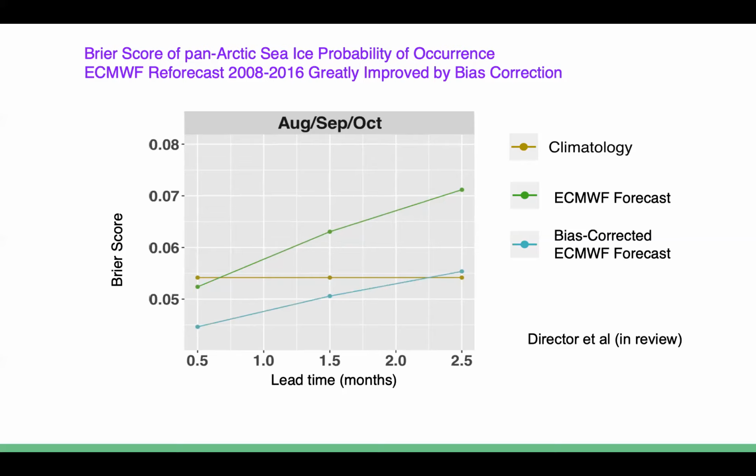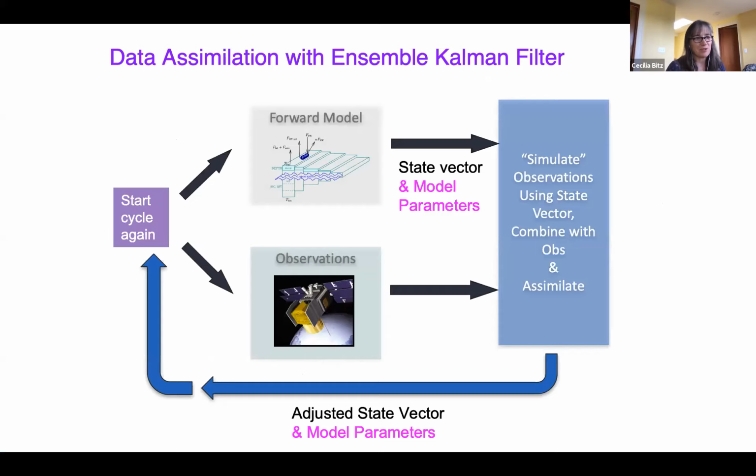And with that, we can beat the climatological benchmark estimate of skill for 2.5 months, which is really outstanding. So we have a huge opportunity to do better, and we can do it with data assimilation and more observations integrated into our models.